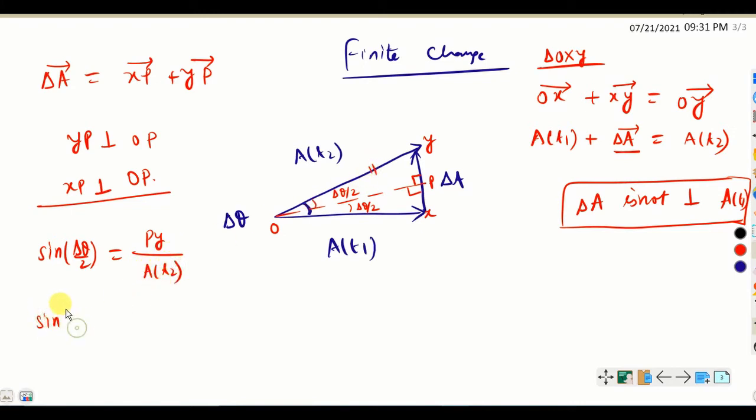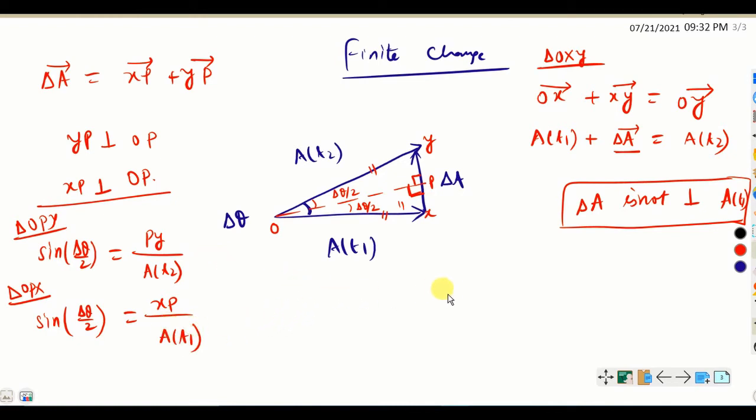And again, sine of delta theta over 2 in the triangle OPX is XP over A1, where A1 is the hypotenuse.